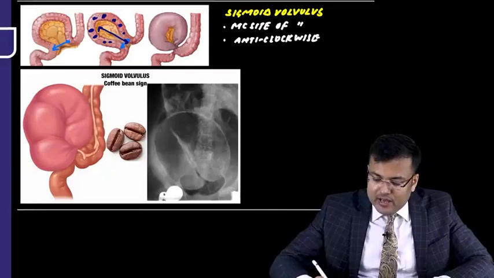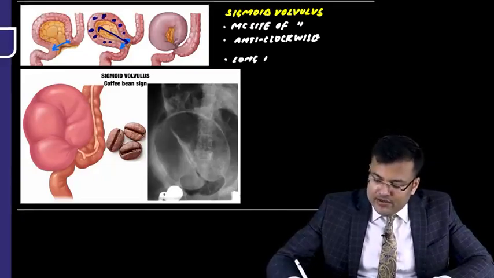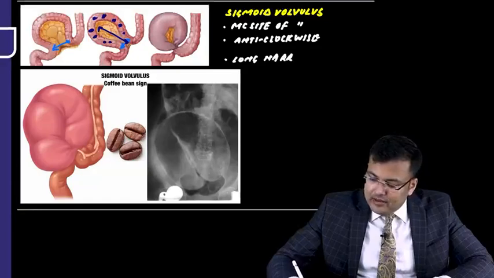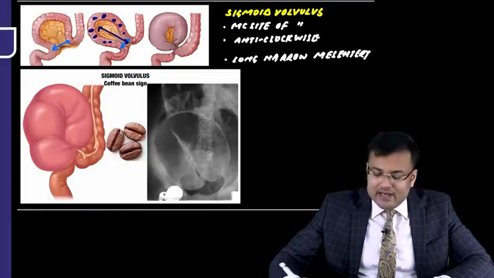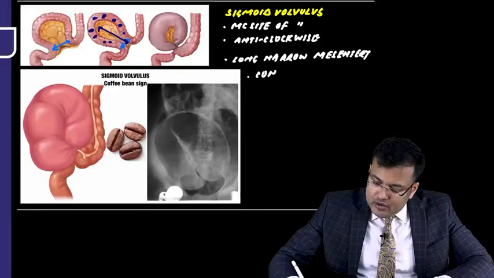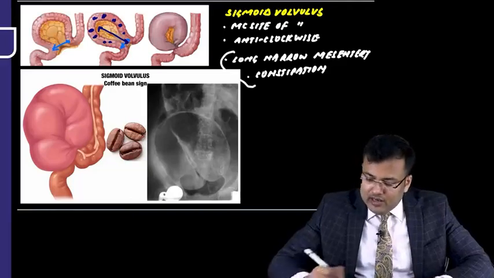First, long narrow mesentery, and constipation. And you know that constipation is a big problem in elderly. So usually you are going to find the sigmoid volvulus in elderly patients who are having this long narrow mesentery and constipation.